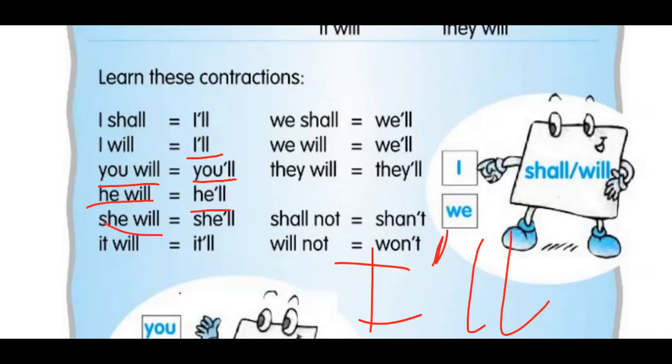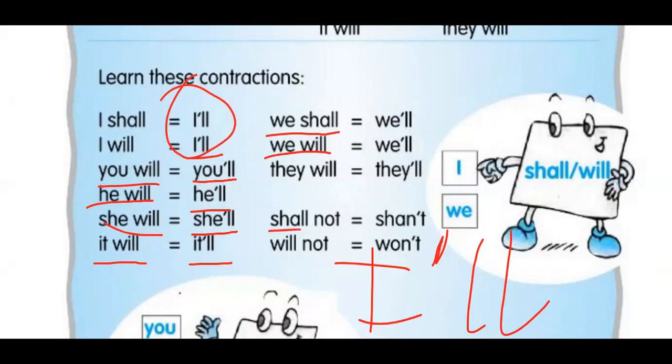She will become she apostrophe double l. It will become it apostrophe double l. We shall will become we apostrophe double l. We will become again we apostrophe double l. These two are the same, right? Shall and will are the same, and here also I will and I shall are the same.